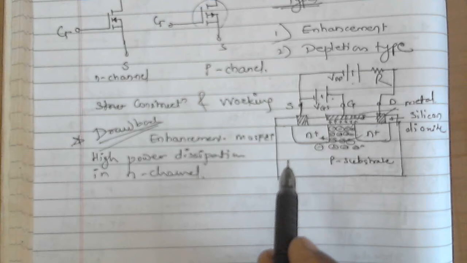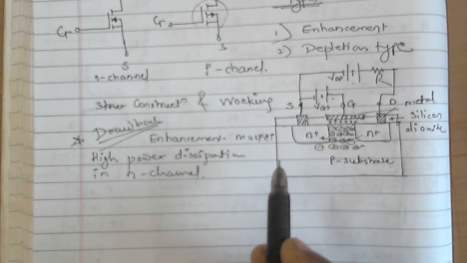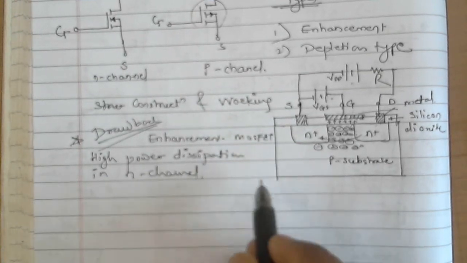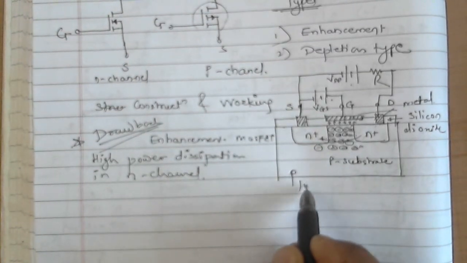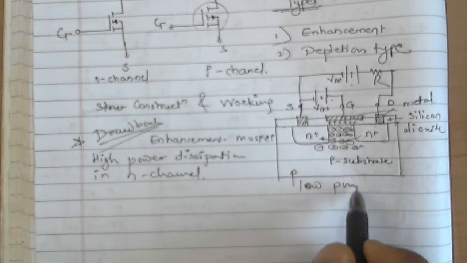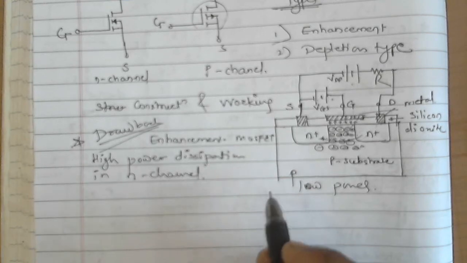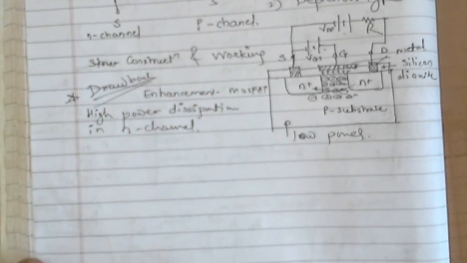Hence the construction of the MOSFET is modified, and it is generally of 4 layers. This MOSFET is used for low power application. And for high power application its construction will be different, I will draw it again here.